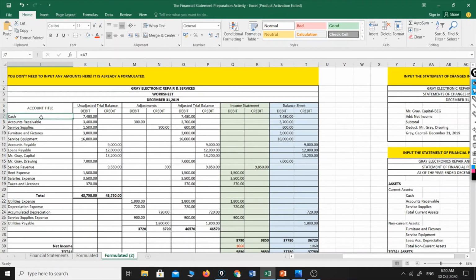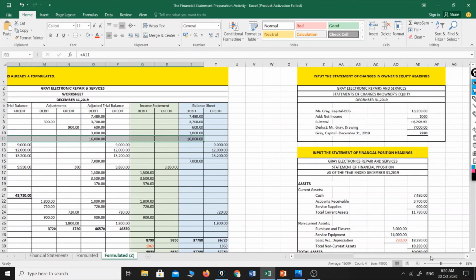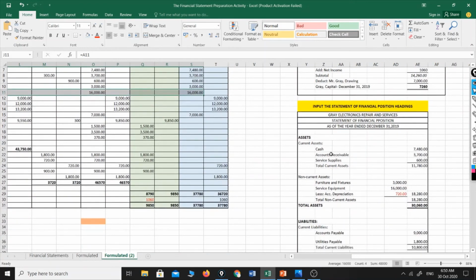So these particular account titles are current account titles. On the furniture and fixtures, this one amounting to 3,000, this is a non-current asset or fixed asset. Okay? And service equipment, 16,000.